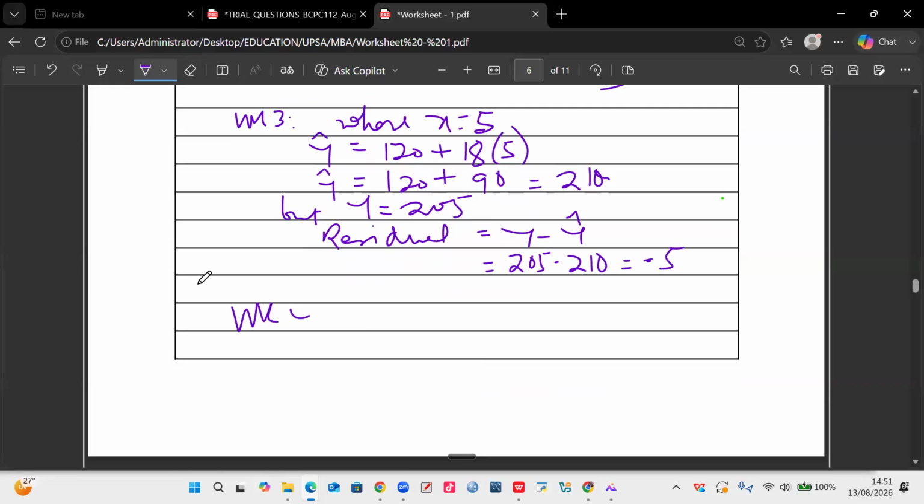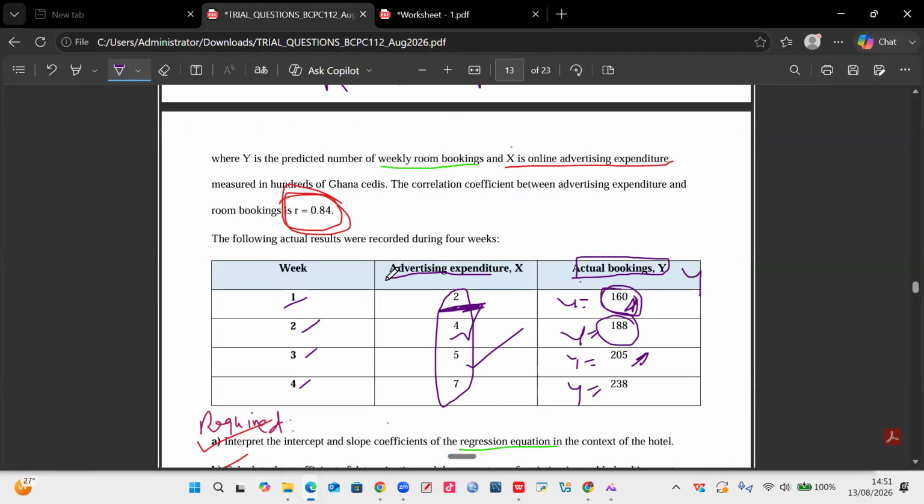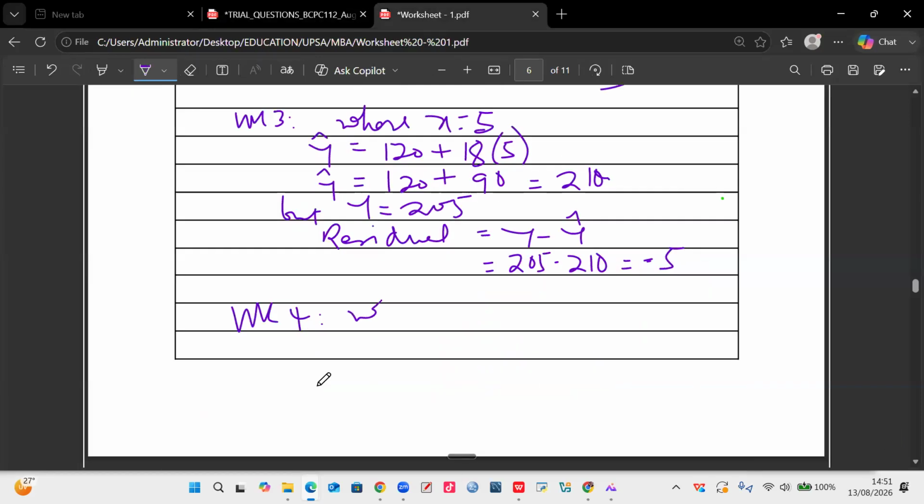Week 4, where x is 7. So y hat equals 120 plus 18 times 7. 18 times 7 is 126.